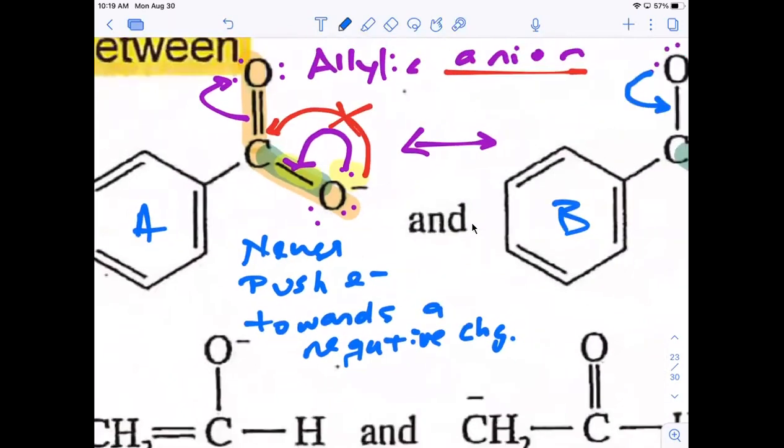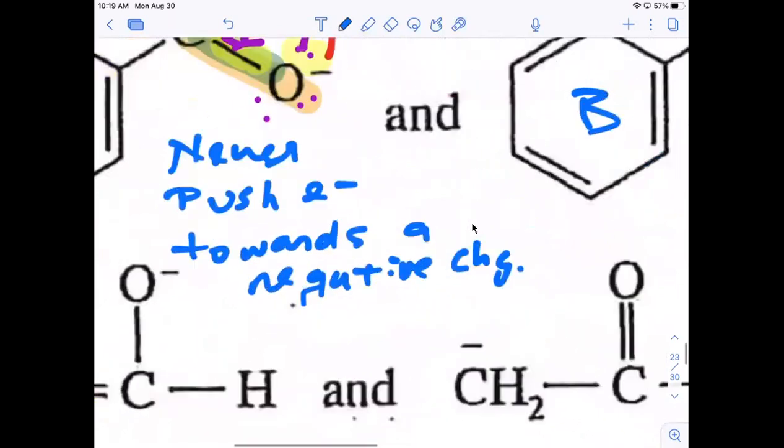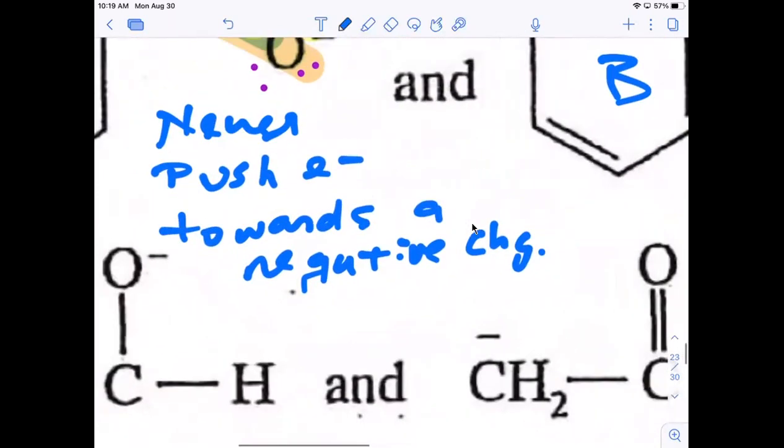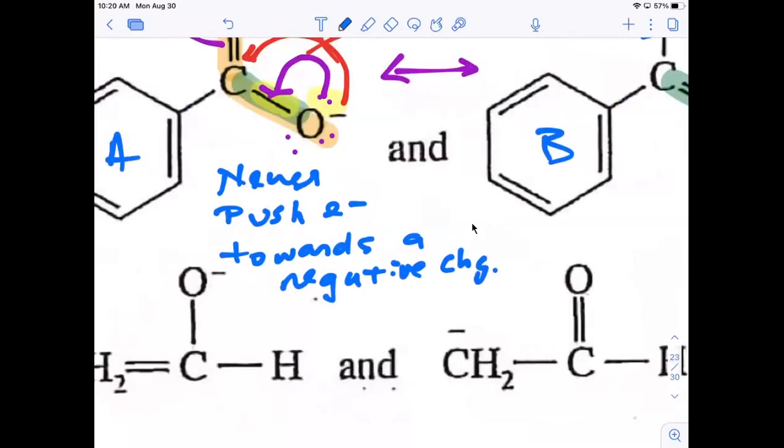You never push electrons towards a negative charge, you always push them away. That's another way to think about why I started at oxygen and not at the pi bond. Did that answer your question? Yes. Okay, great.